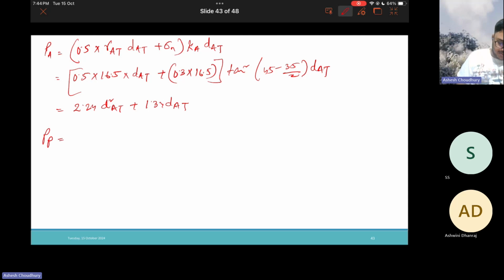Similarly, PP we will also get in terms of the depth of the trench.